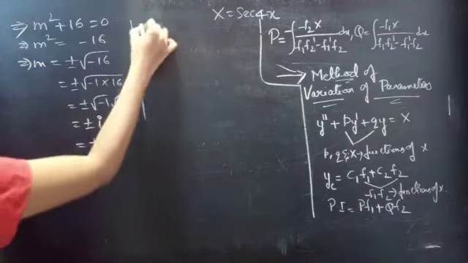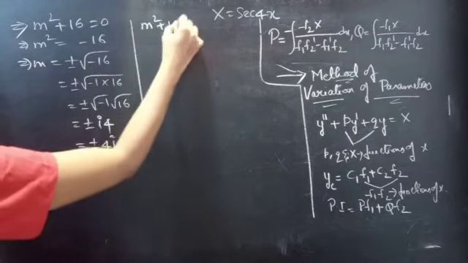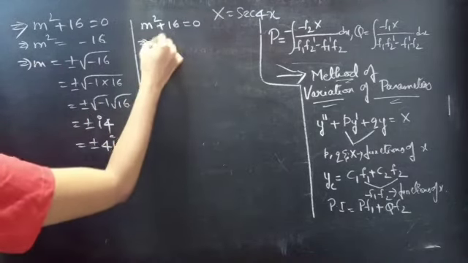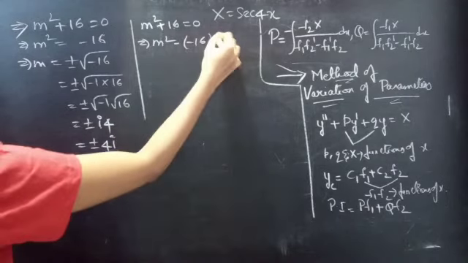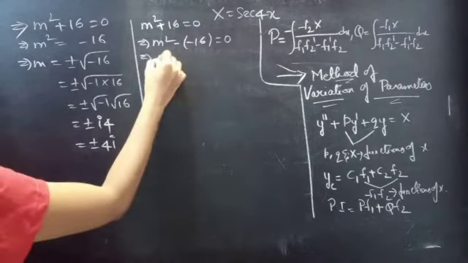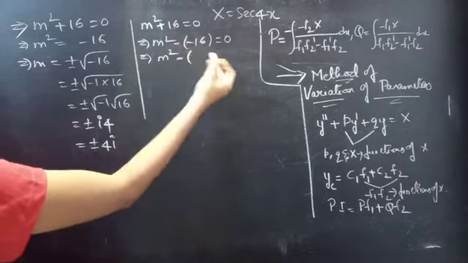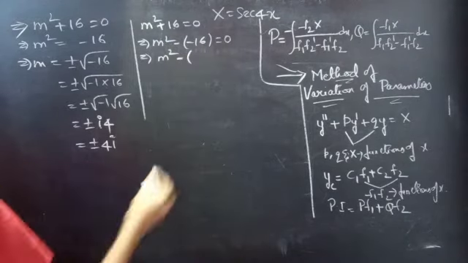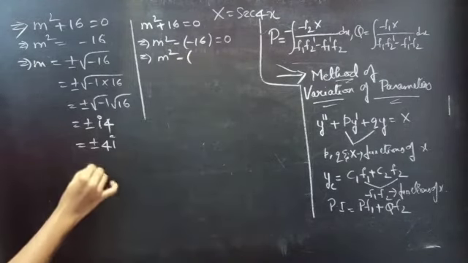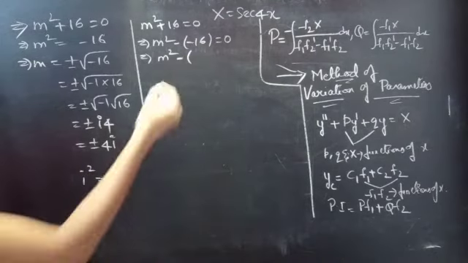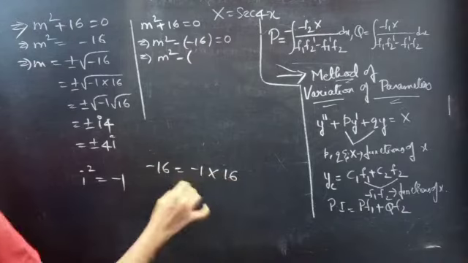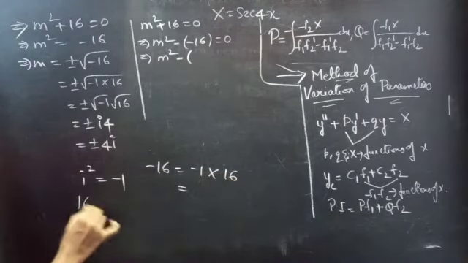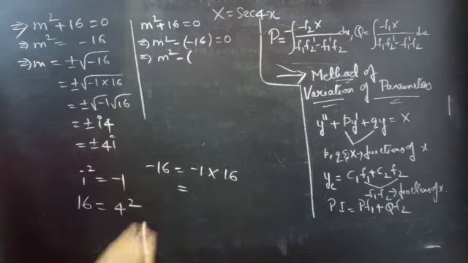Or write plus 16 as minus of minus 16, right? Since we know that i square equals minus 1, you can split minus 16 as minus 1 into 16. Also we know that 16 is 4 square.